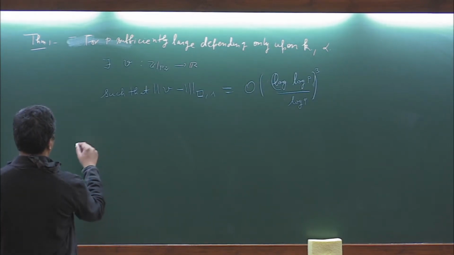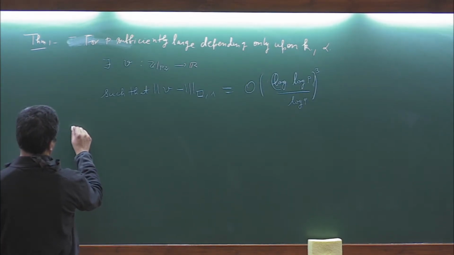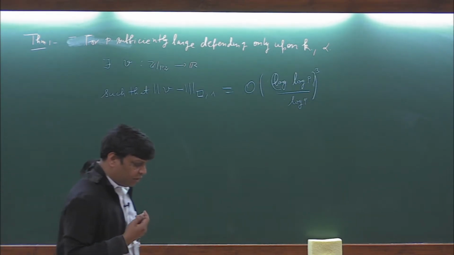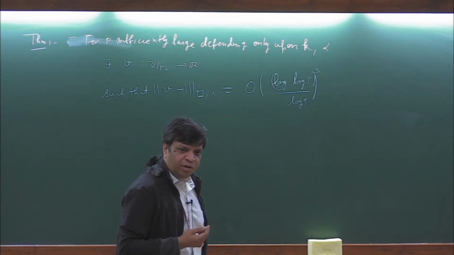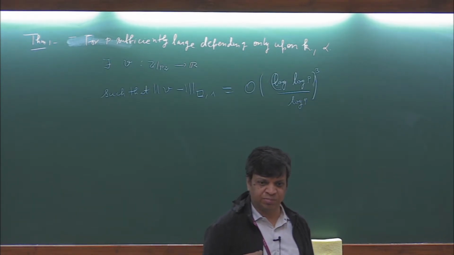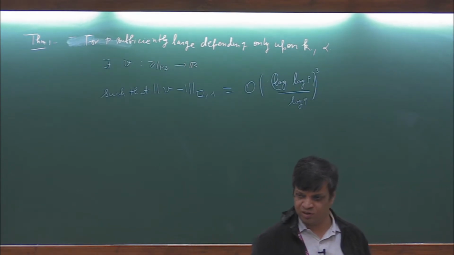So in order to prove this particular result, we will actually not prove this for the cut norm. What we will prove in fact is that the norm of V minus 1, in some certain Gowers norm, is small.